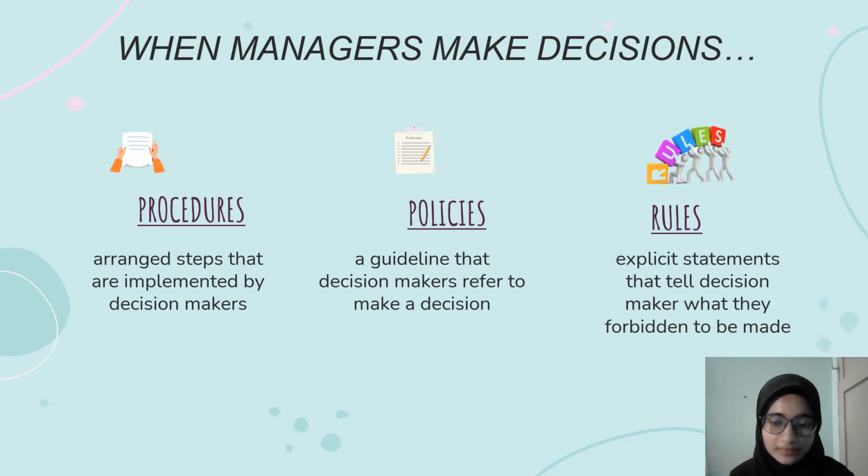The third one is policy. A policy is stated as a guideline for making decisions, and it creates general parameters for the decision makers. Policies contain descriptive terms that leave interpretation up to the managers.